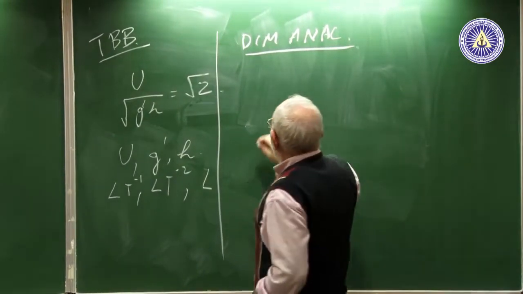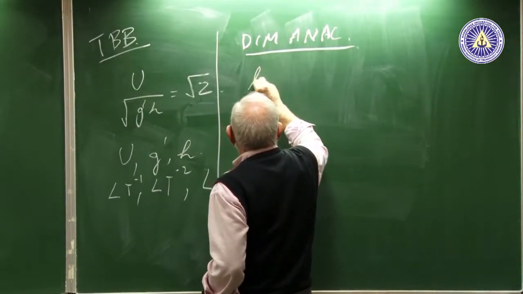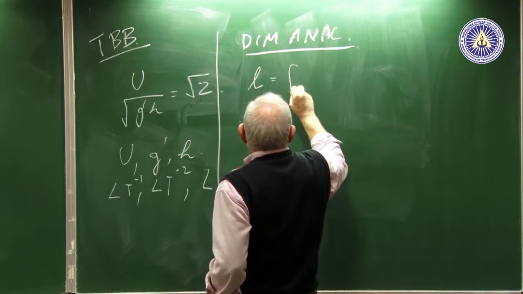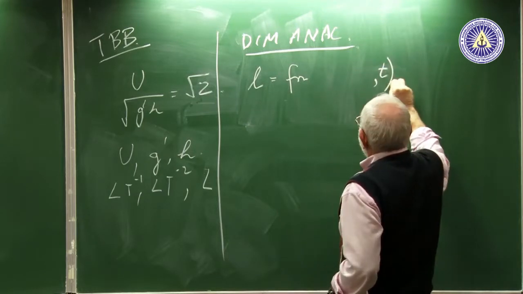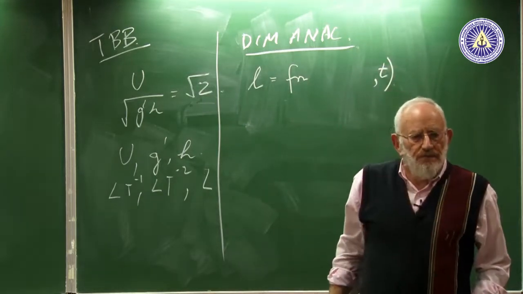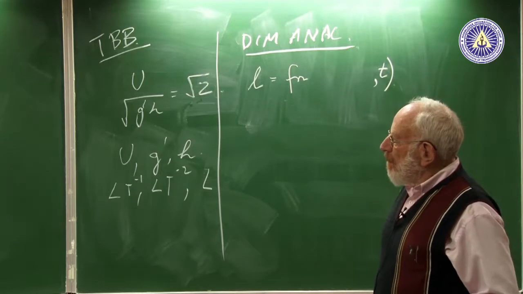What we want to do is find the length of the current as some function of time. When you say you mean how the contact line moves?